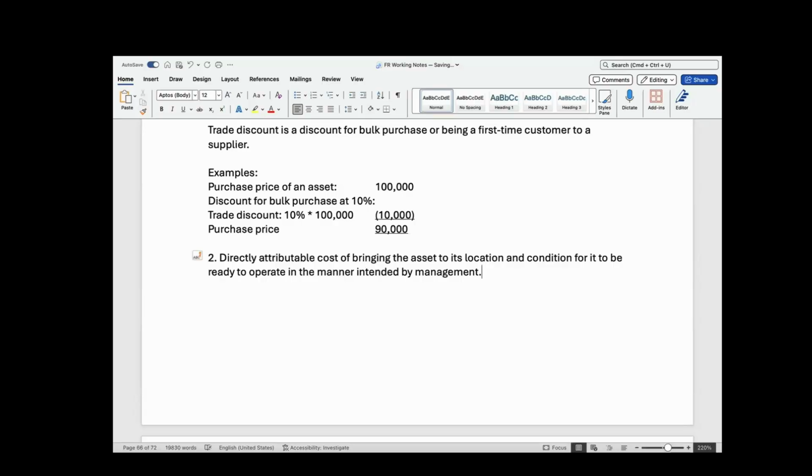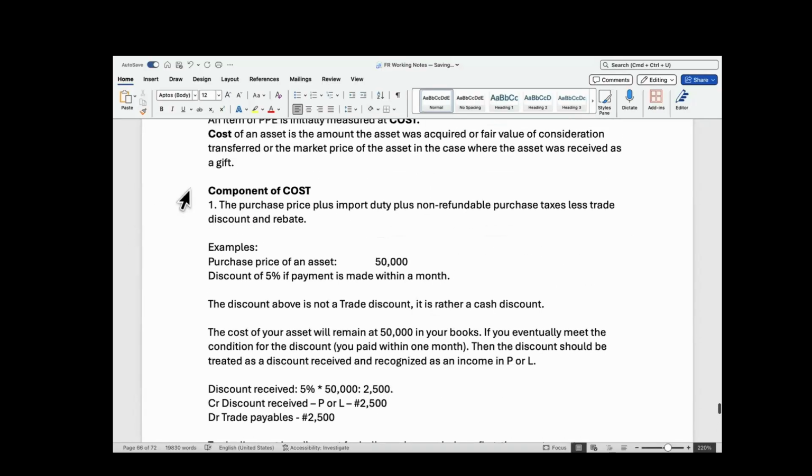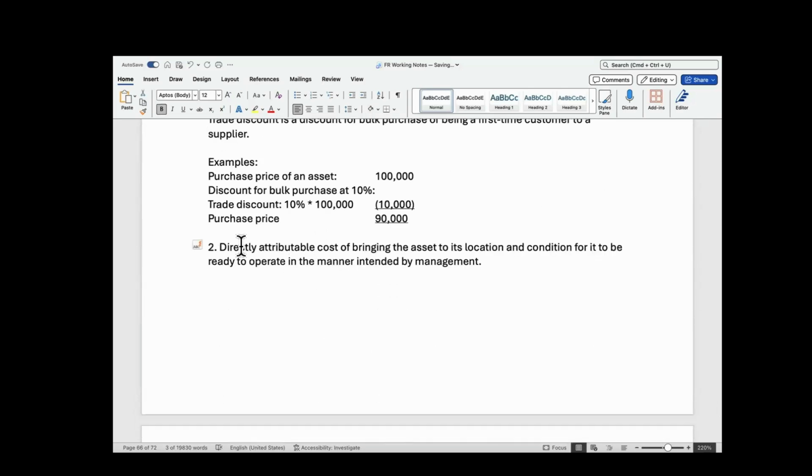So that's the second cost that is a component of the cost of PPE: directly attributable costs of bringing the asset to its location and condition for it to be ready to operate in the manner intended by management.